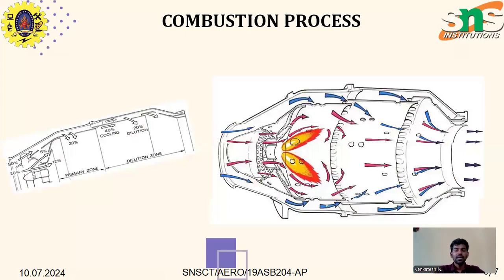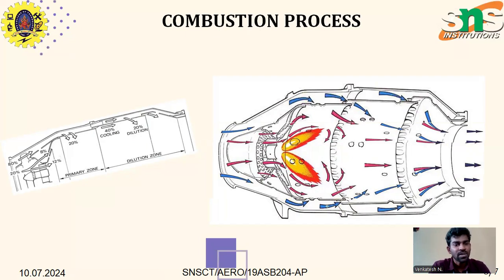In the whole combustion chamber process, the primary air goes into the combustion chamber at the first level of entry, and this is called the primary zone. The next is the dilution zone.